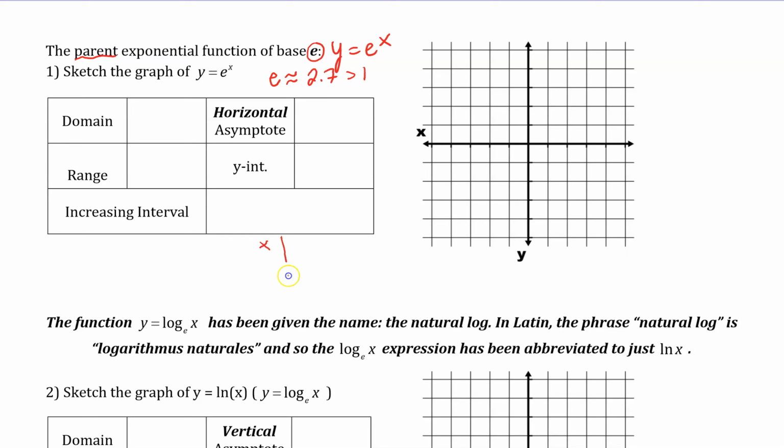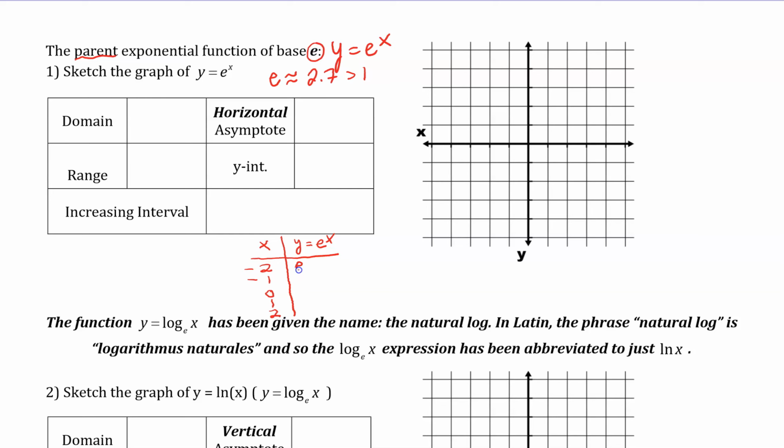And it will look like the typical exponential growth. But just to drive that point home, we are going to go ahead and make a table of values anyway, from -2 through 2, our typical x values that we use when determining a parent function.